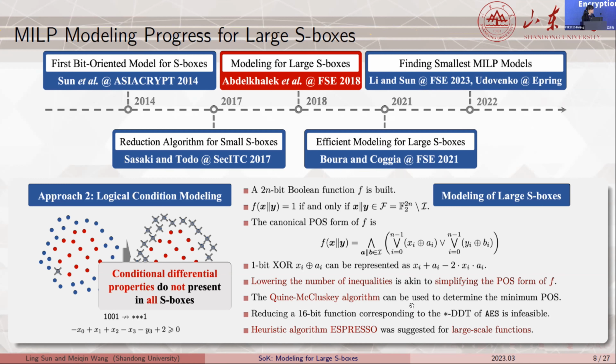However, this algorithm also becomes infeasible even for moderately large functions. An illustration in the paper is that the authors showed that reducing a 16-bit function corresponding to the star DDT of AES is already infeasible. So in this case, the heuristic algorithm Espresso was suggested so that we can keep the number of inequalities as small as possible.